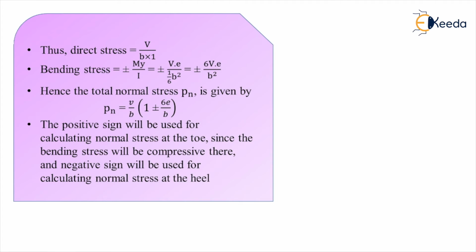See, the addition of this direct stress and bending stress will give us the total normal stresses, which act on the toe and also on the heel. Here you can see that both plus and minus signs will be used.